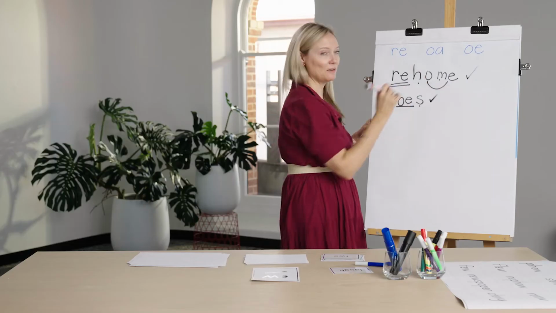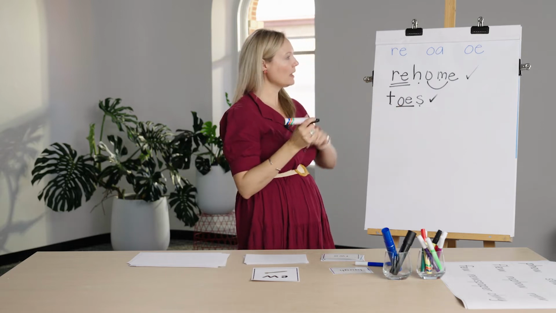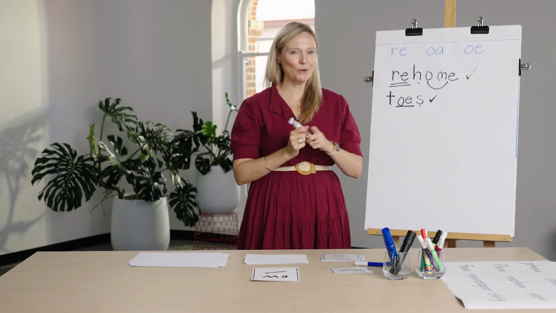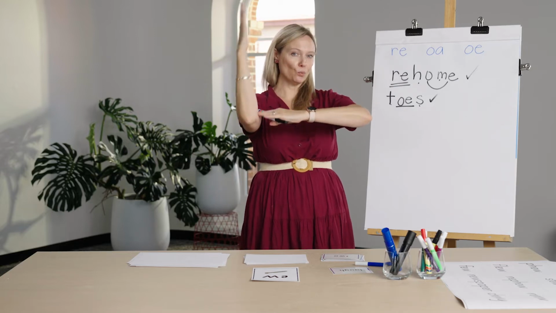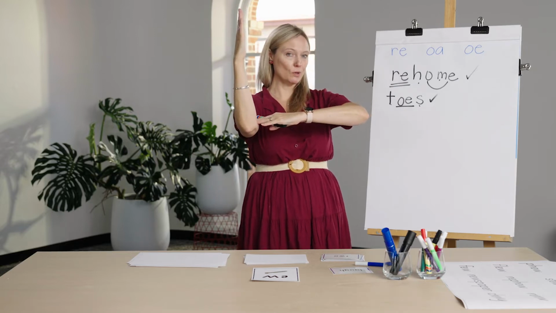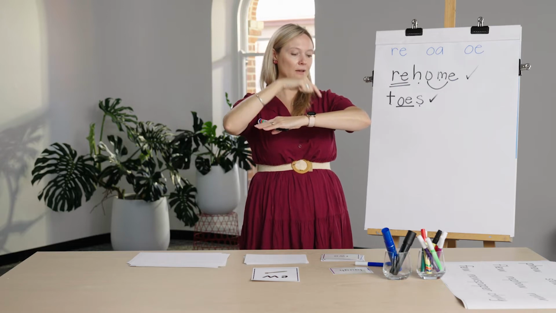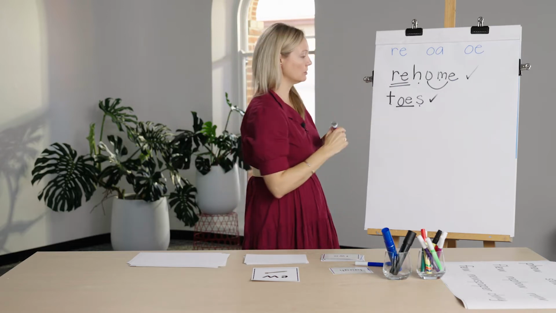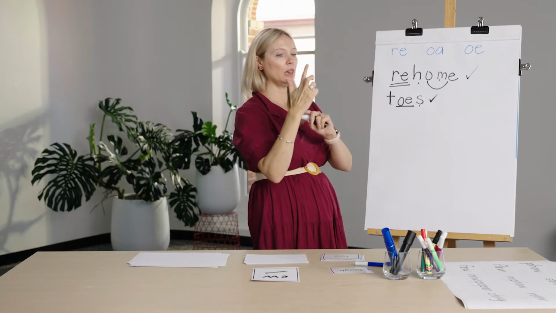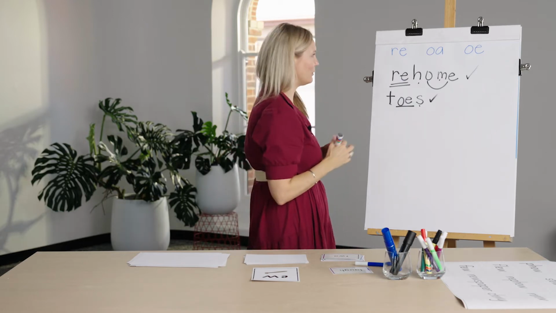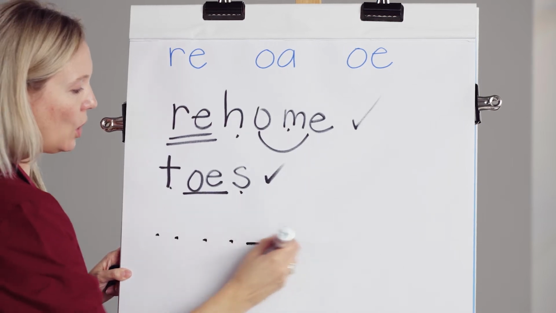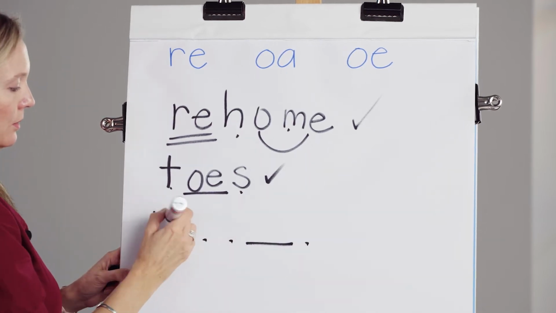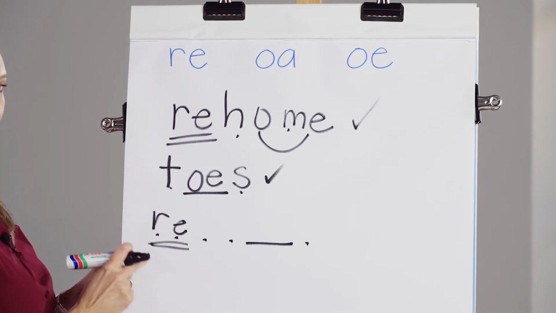Give it a tick or fix it up. Last one. The word is refloat. Refloat. What's our prefix? Re. Base word, float. R-e-f-l-o-t. Six phonemes. R-e-f-l-o-t. Re. That's our prefix.